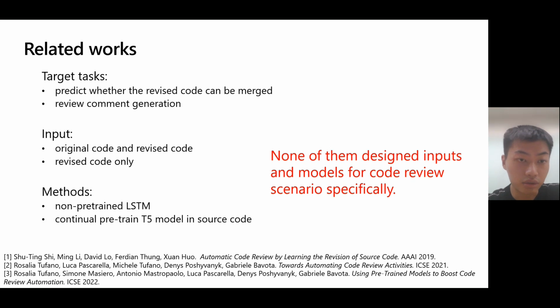They use the original code and the revised code, or the revised code only as input. And their models include the non-pre-trained LSTM or the pre-trained transformer models. But none of them designed inputs and models for the code review scenario specifically.